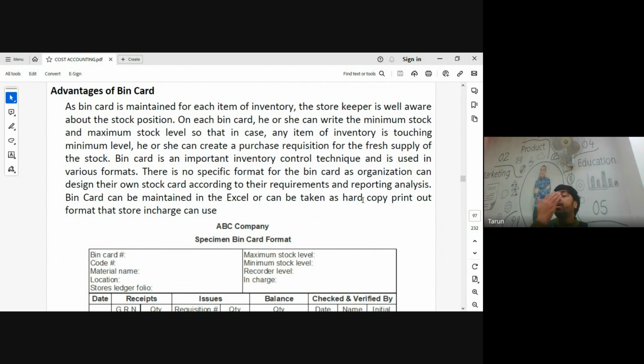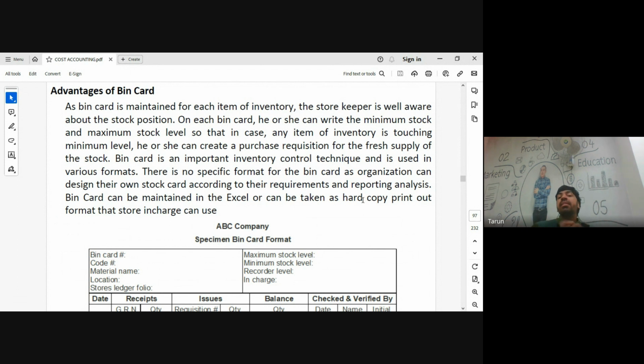As I told you, a proper standard form has been designed for a proper purchase request, sales request, and how much material would be issued. That request will be maintained through the standard format. So the bin card is also a very important inventory control technique, and of course, such a specimen format will be used for others.